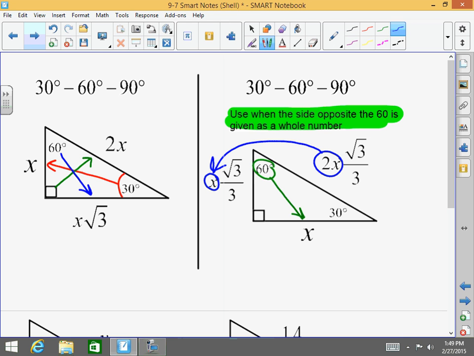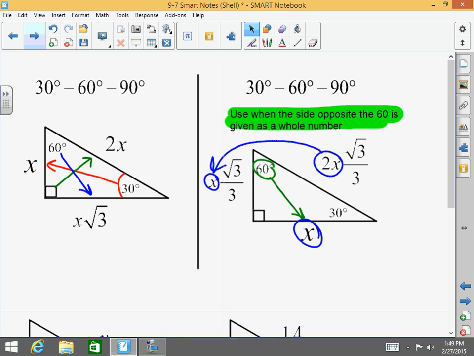However, whenever you have the 60 as a whole number, the smallest side now becomes that 60 side times radical 3 over 3. You with me there? I'm going to show you how and why that works as well right now.